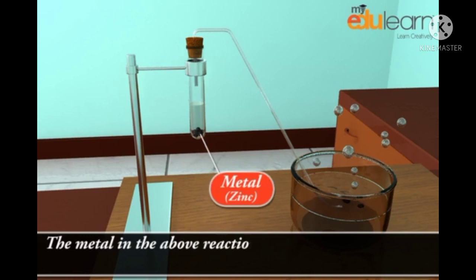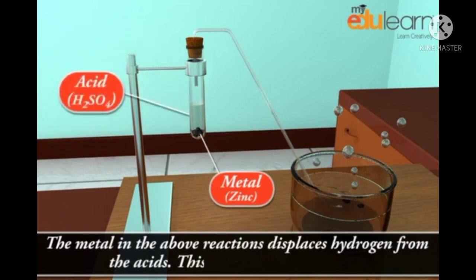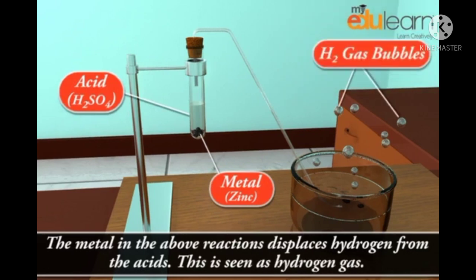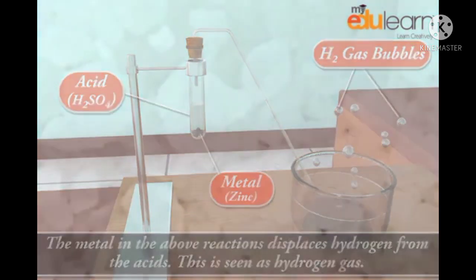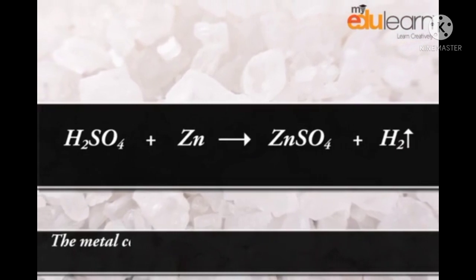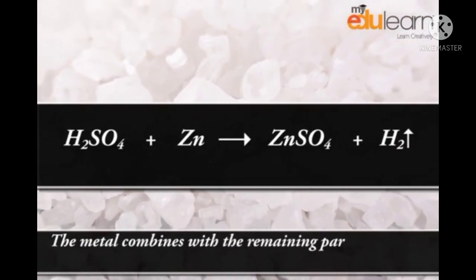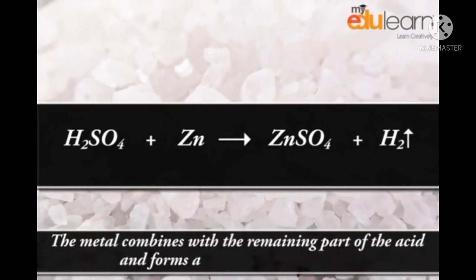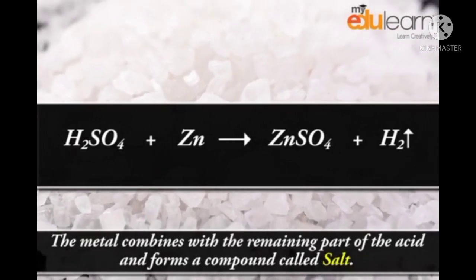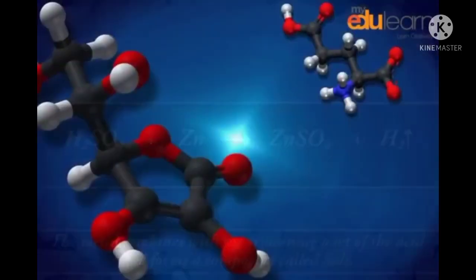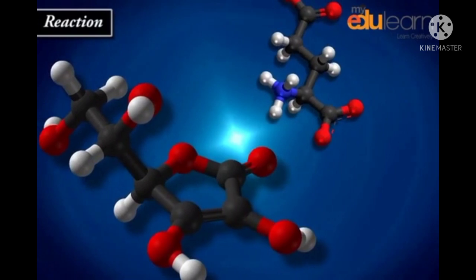These fumes pass through the delivery tube to reach soap water. In soap water bubbles are produced. Why? Because it has the gas, that is hydrogen gas. So here the liberated gas is hydrogen.